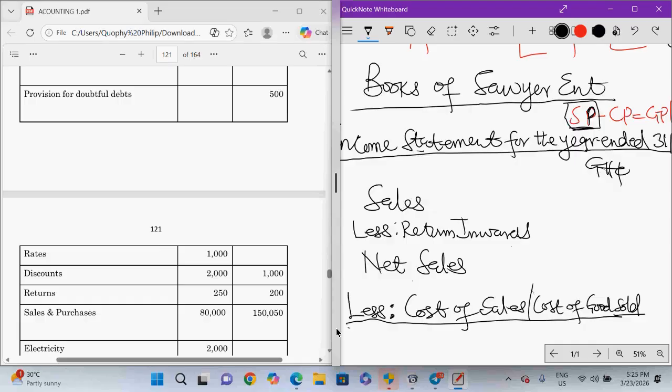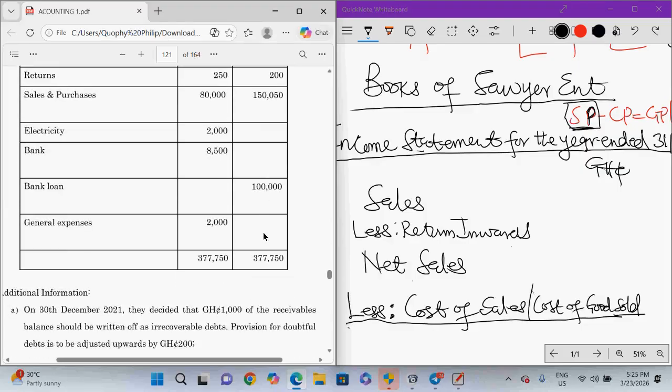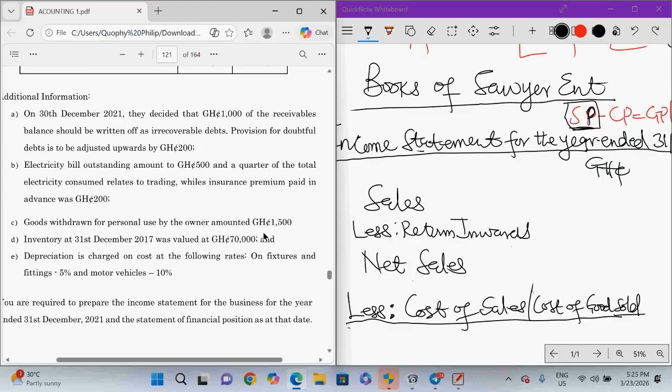So yes, did you even go through the additional information? Did you go through them? I read, but I didn't go through. Okay, all right. So yes, sometimes the additional information does affect the entries here. But what I have observed is that additional information usually affects the operating expenses, going downwards.